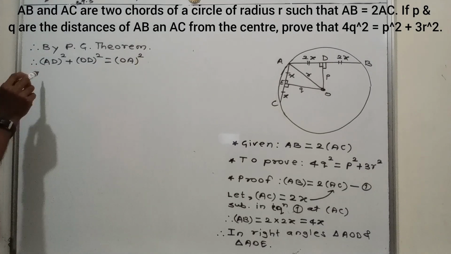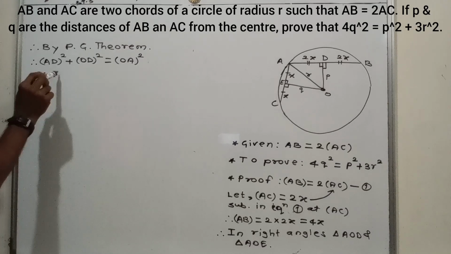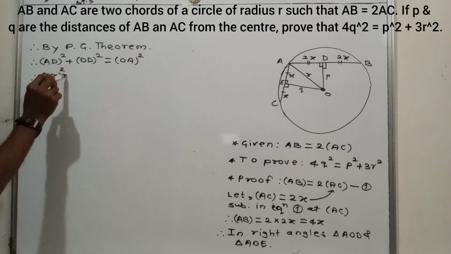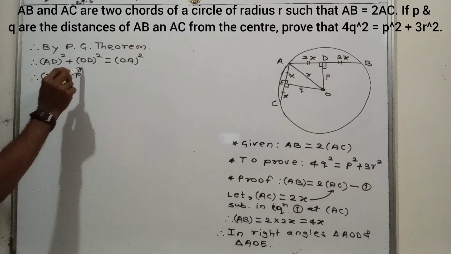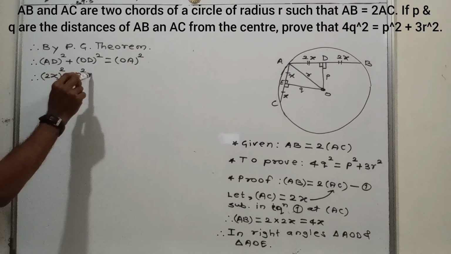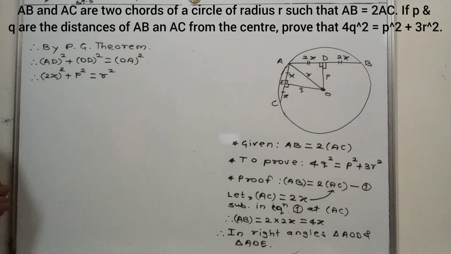Then we put values: AD is 2x, bracket square, plus OD is P square, equal to OA, R square.